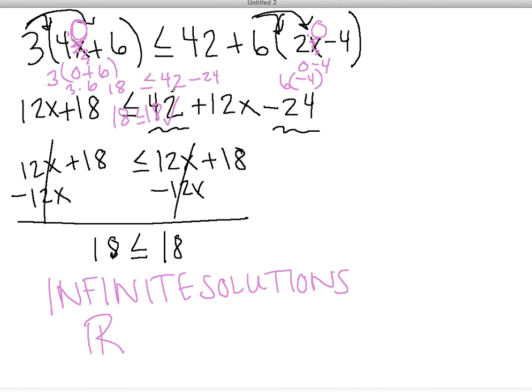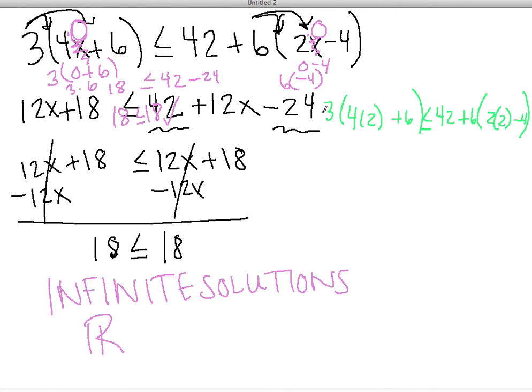0 is not the only number we could plug in. We also could plug in maybe 2. If we were to plug in 2, I'm going to do it over here in green, we would get 3 times 4 instead of x, we know we're putting 2, and then plus 6. And then we get is less than or equal to 42 plus 6 times 2 times 2 minus 4.